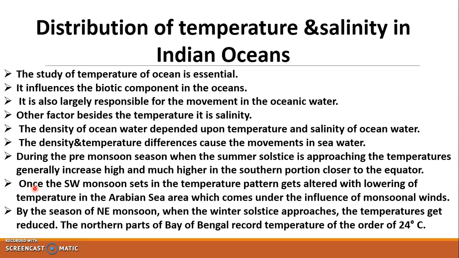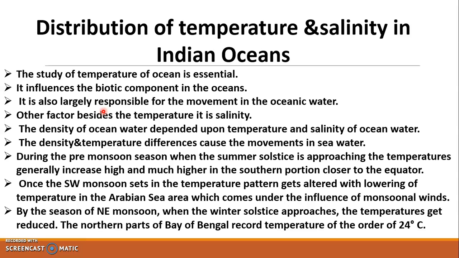Basically, because of summer solstice, there is a high in the temperature. You can see the temperature is increasing, and it is much higher as it is closer to the equator. Now what is summer solstice? Summer solstice means one of the Earth's poles is at maximum tilt towards the sun.